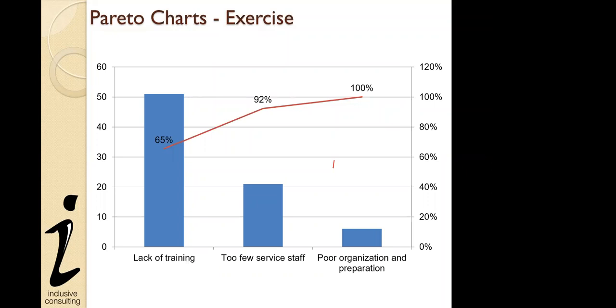So now you can make a very informed decision based on data: for that 8% improvement, what is the cost of fixing the organization and preparation of the engineers? Does that make sense for 8% improvement only? Or does it make sense to let go of this aspect right now, only focus on training and get these 65% results? That is how Pareto charts can help you prioritize your resources, get quick buy-in from management on your decisions, and help you make the right decision based on data.